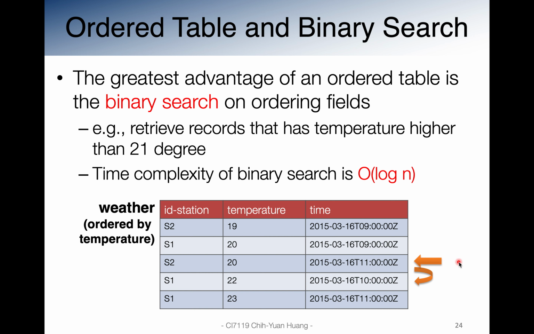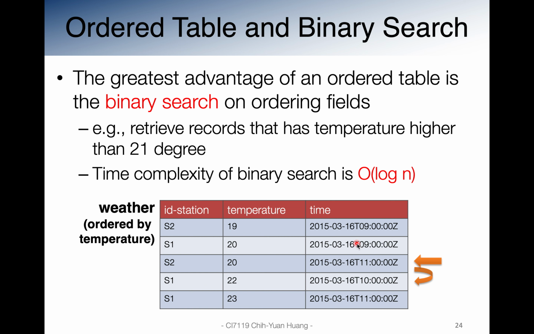For example, first we cut the records into half, and then we decide for half of the records whether they satisfy the query condition or not.